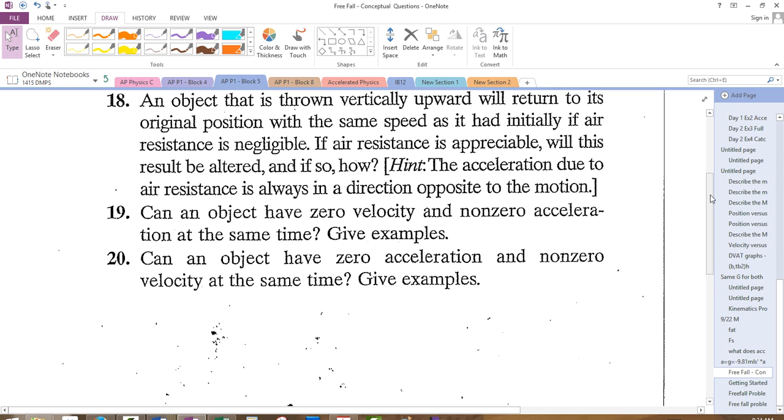So it can't come down at the same velocity that you threw it up at, because there's the force of friction, or in this case resistance, on the object.